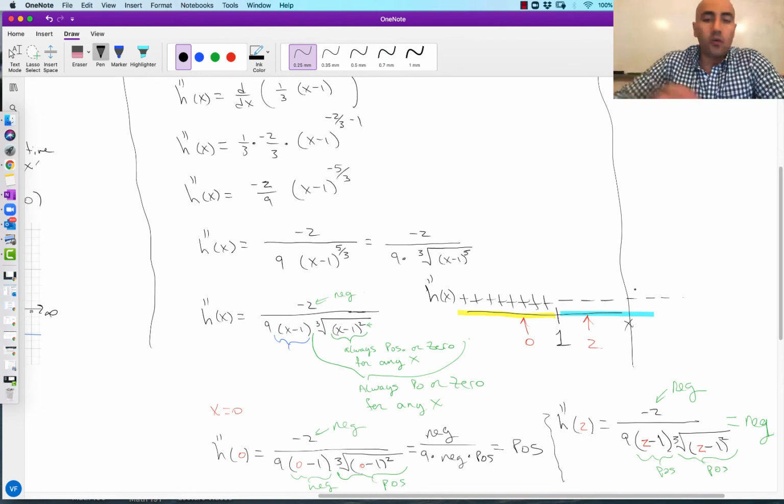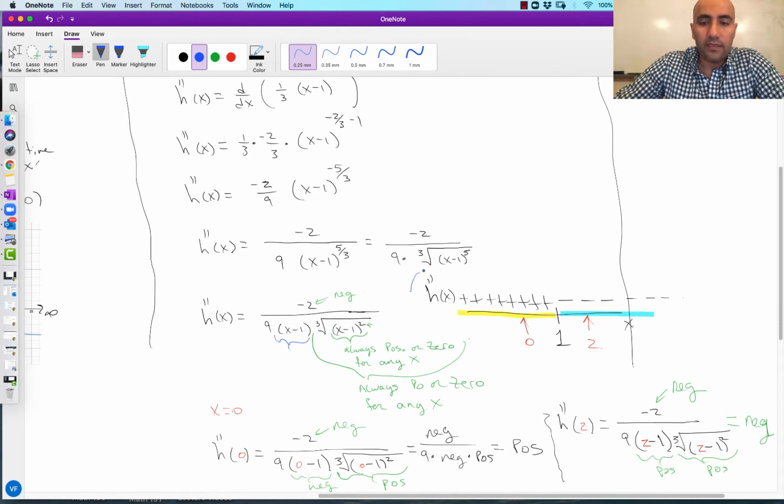Okay, so remembering our rules for the connection between the second derivative and the underlying function means that on the interval between negative infinity to 1, the underlying function g of x is going to be concave up.